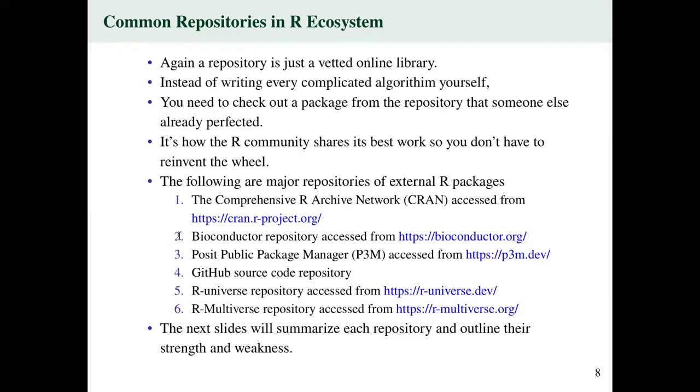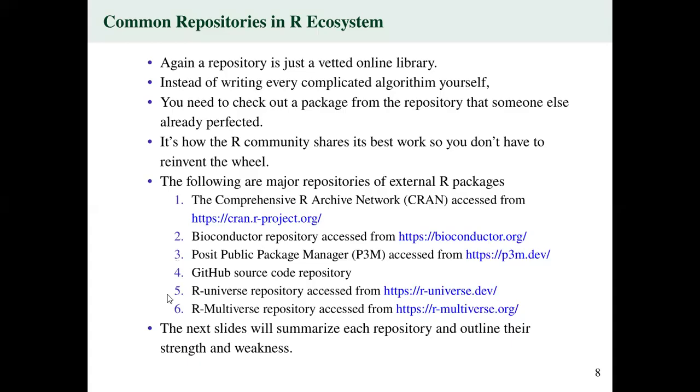Last time we covered the first three, and today I will partially go through the other three, which host packages which are yet to be in a final stage. Because once a package passes all stages, it will be hosted in either CRAN or Bioconductor. But these are also important because sometimes you may find a package which is completely new, and you cannot find it in CRAN.